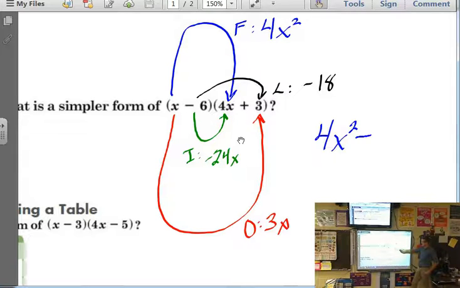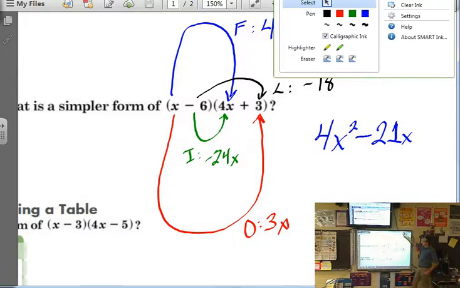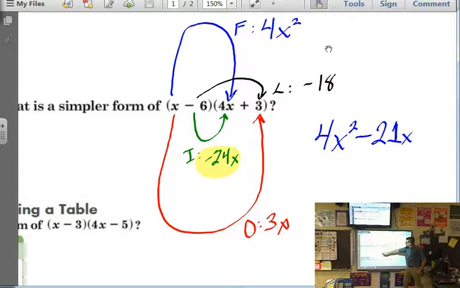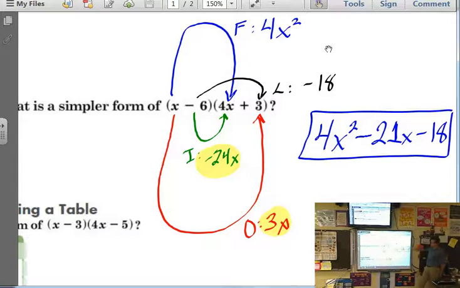Close. Minus, yeah. Because the negative is more powerful, when I combine it together, I get a negative 21x, or a minus. And then minus 18. Yep. Any questions on what we're doing? Preguntas going once, twice.